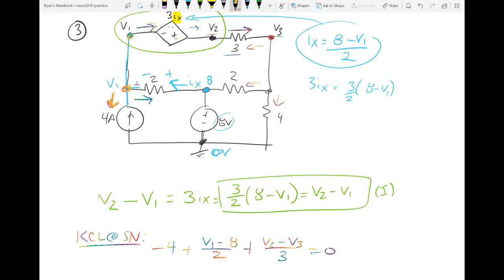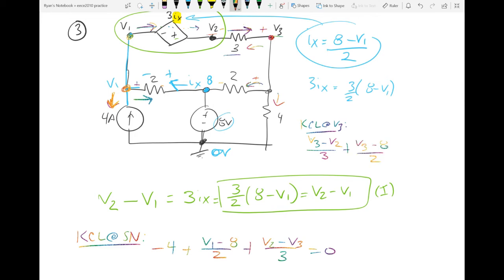Finally, V3, you have current here, here, and here. And so KCL V3, I'm going to fit it here so it fits on the screen. KCL V3, you're looking from V3 to V2 through the 3 ohm.